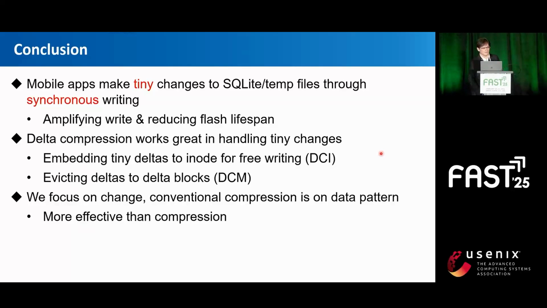The reason why delta compression works well is that the change is tiny. In comparison, compression sometimes does not compress well because, for example, if this is a multimedia file, then it is not compressible.